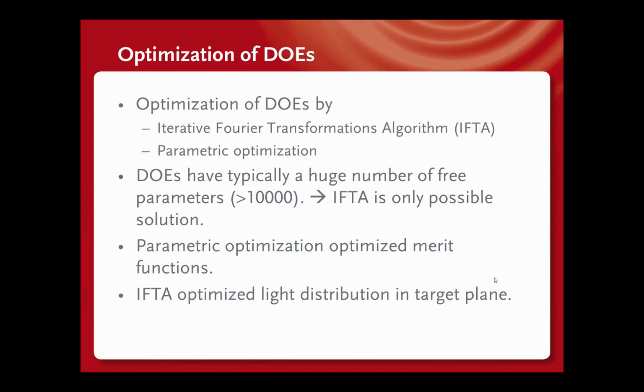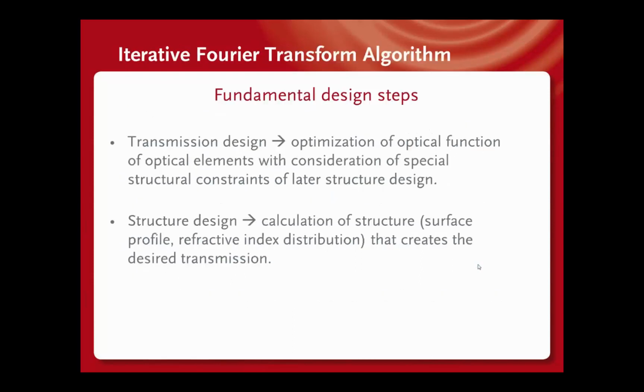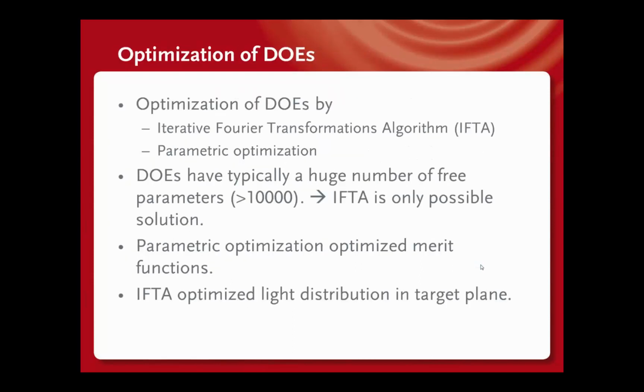Instead, the IFTA algorithm optimizes a target intensity distribution. So you define a desired light distribution in the target plane, and the IFTA tries to find a DOE that generates this target intensity distribution.